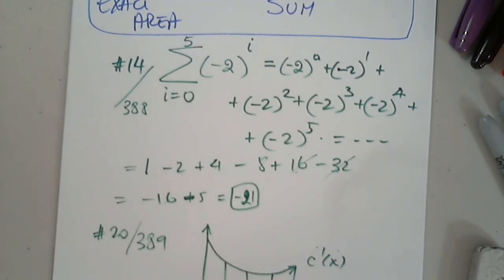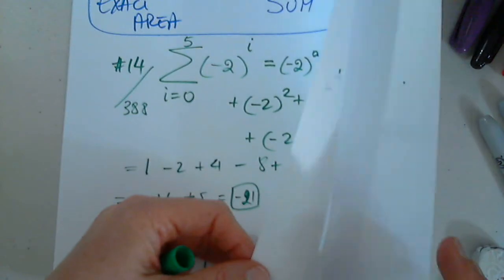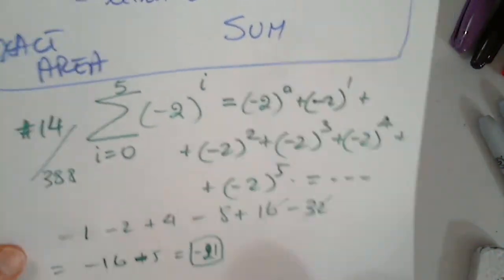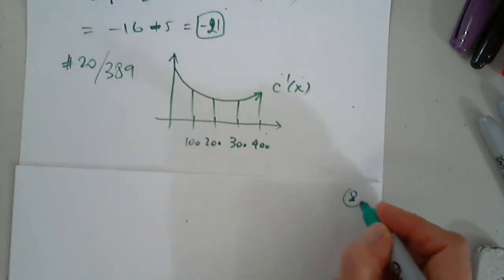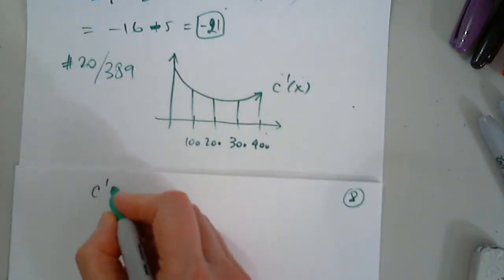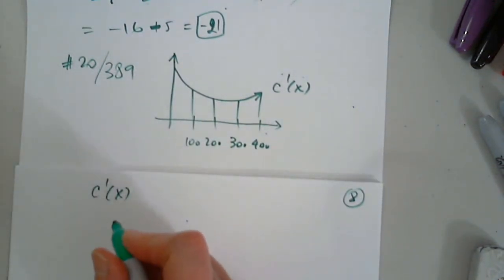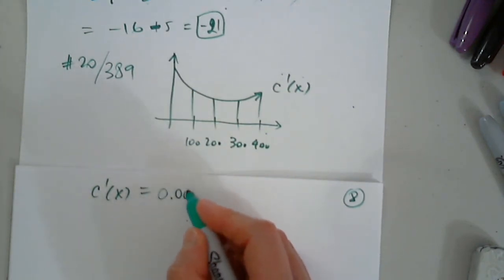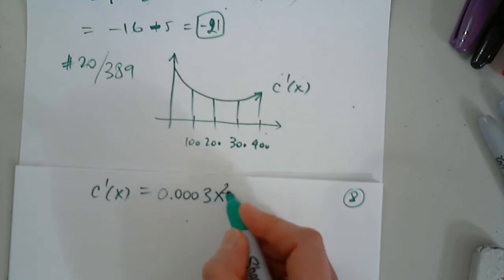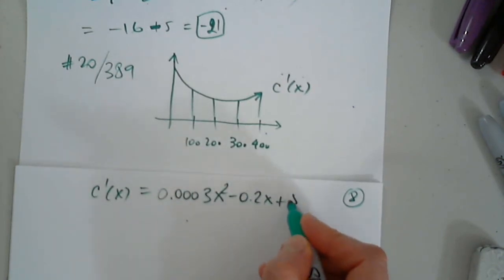Okay. And it says total cost function from marginal cost. So first, let me just say this. Why are we calculating these areas? If C of x, the function C of x, is given, let me write it: 0.0003 x squared minus 0.2 x plus 50.